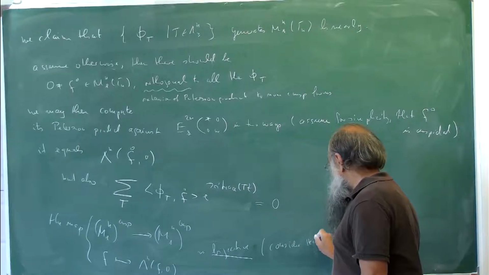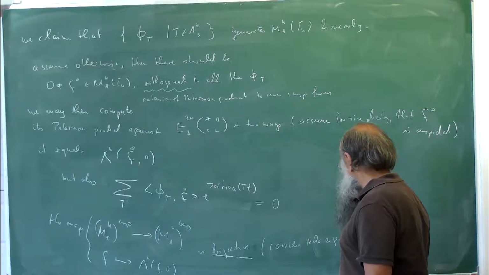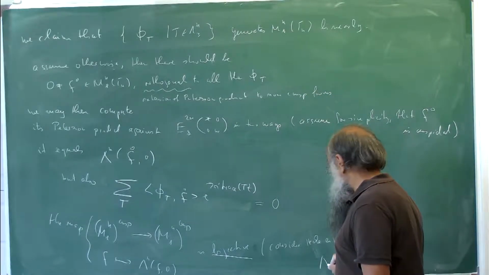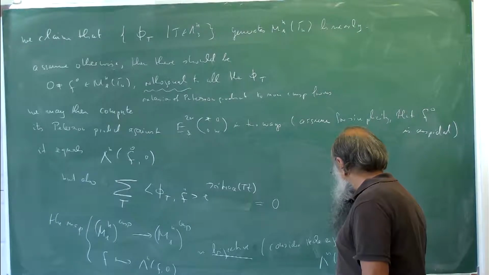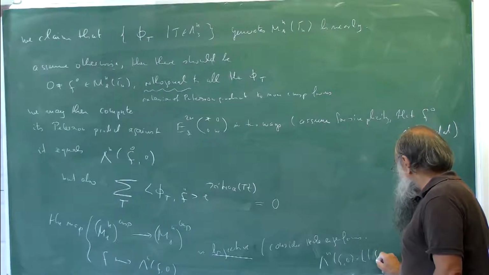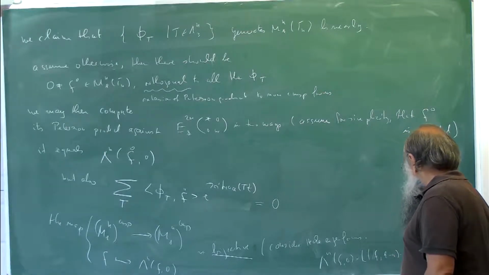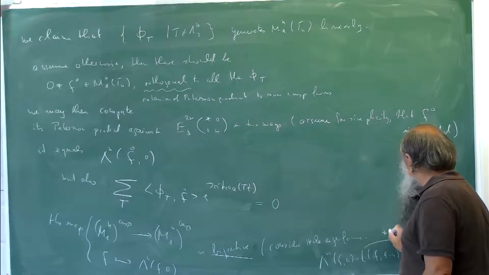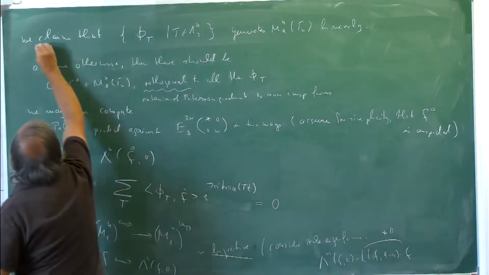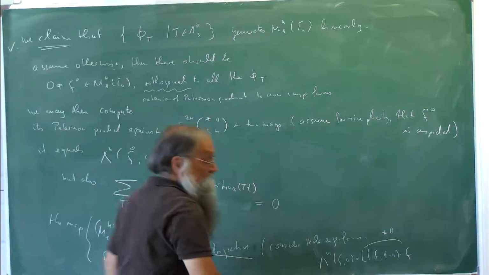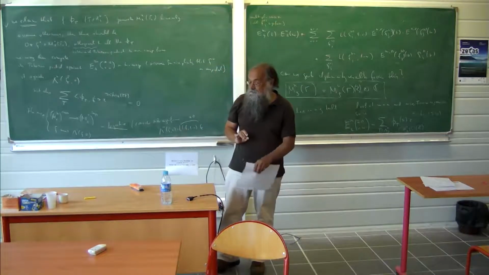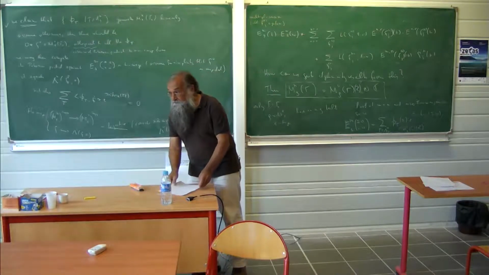Consider Hecke eigenforms, then this lambda n 0 is just L of f, k minus n, times f, and this is different from 0. So then we have our claim. With a slight cheating about non-cusp forms, but this can be repaired.